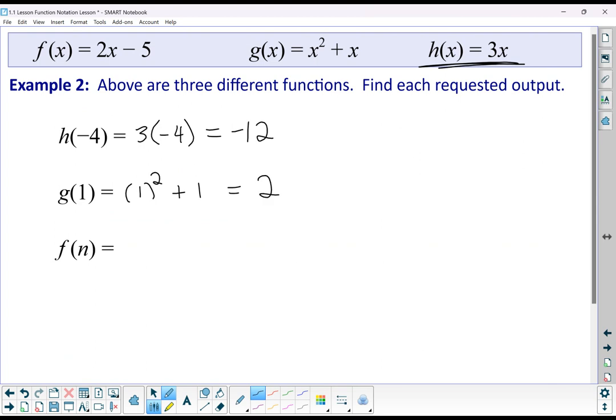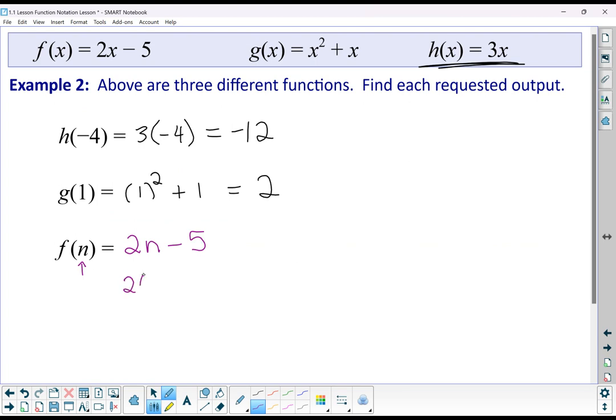And then f of n. This is a variable that we're inputting instead of a number, but we can absolutely do that. Remember that we just do what the function tells us to do. It's 2 times the input minus 5. Our input is n.